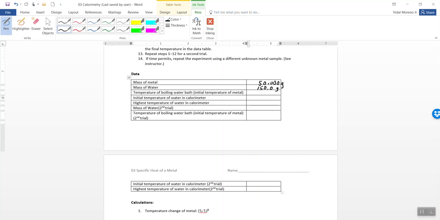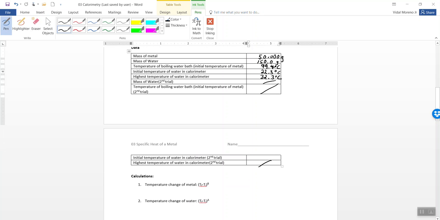The temperature of the boiling water is, the initial temperature of the water in the calorimeter is, the highest temperature the water in the calorimeter attained. And I'd like for you to get 2 trials, but I'm not sure that we'll get there.